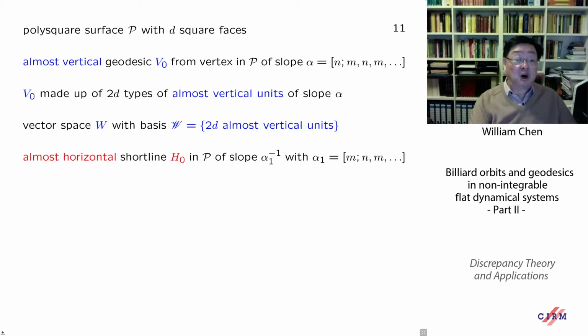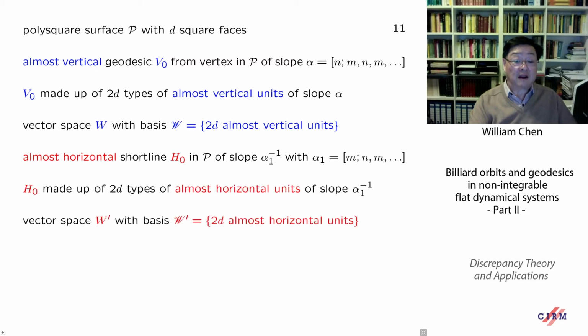Let's look at the short line H0. It is almost horizontal, and it is made up of 2D types of almost horizontal units.